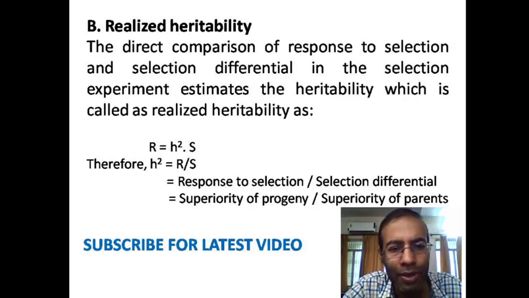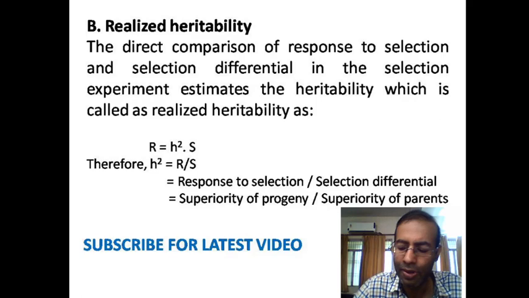As we know, response to selection equals heritability into selection differential. So using this formula, heritability equals response to selection divided by selection differential.